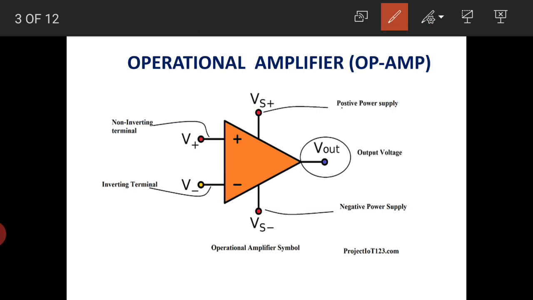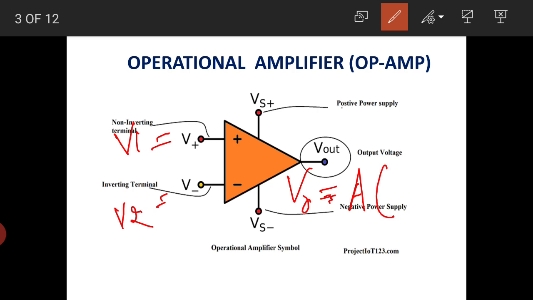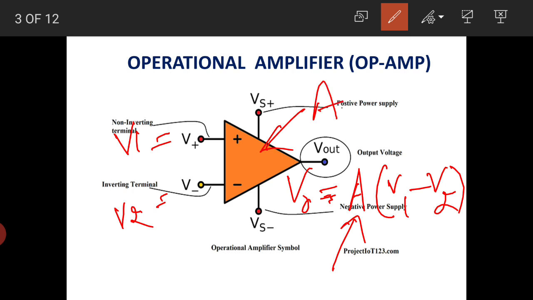For example, if the non-inverting input voltage is V1 and the inverting terminal voltage is V2, then the output voltage we obtain is equal to the amplification gain A multiplied by V1 minus V2, where A is the amplifier gain and this is the open loop gain, which means that the output is not fed back to the input side.